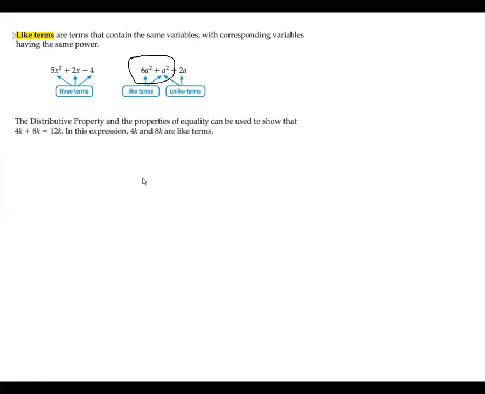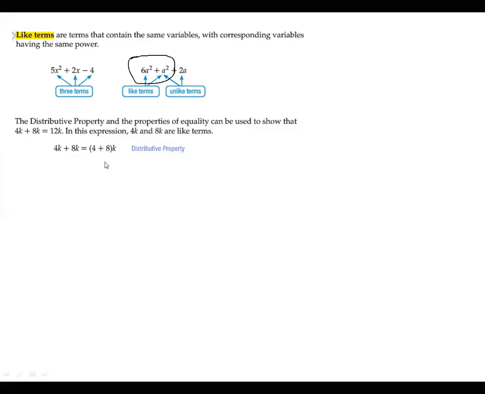So the distributive property and the properties of equality can be used to show that 4k plus 8k equals 12k, and the expressions 4k and 8k are like terms. Here's how we do it. 4k plus 8k have a common factor of k. So it's like the k was distributed to the 4 and the 8, so you can undistribute it.